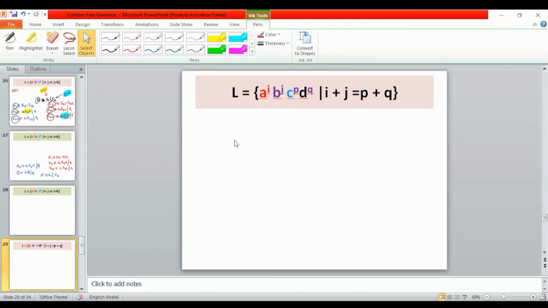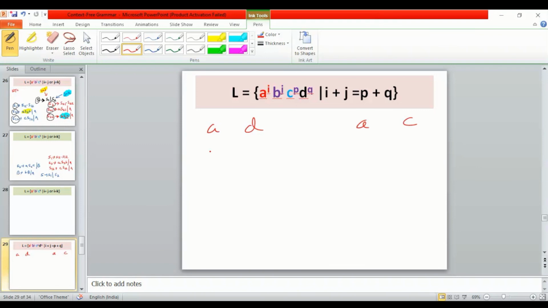So now we have various options here. When you consider this, this is a valid option A. When we generate one A, we have to generate one D. So again, I plus J will be equal to P plus Q. When I generate one A, I can generate one C, which is a valid option.